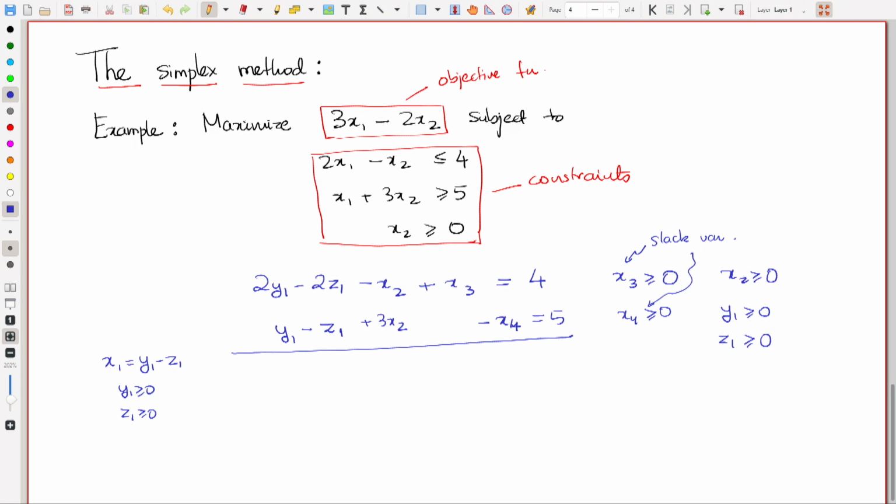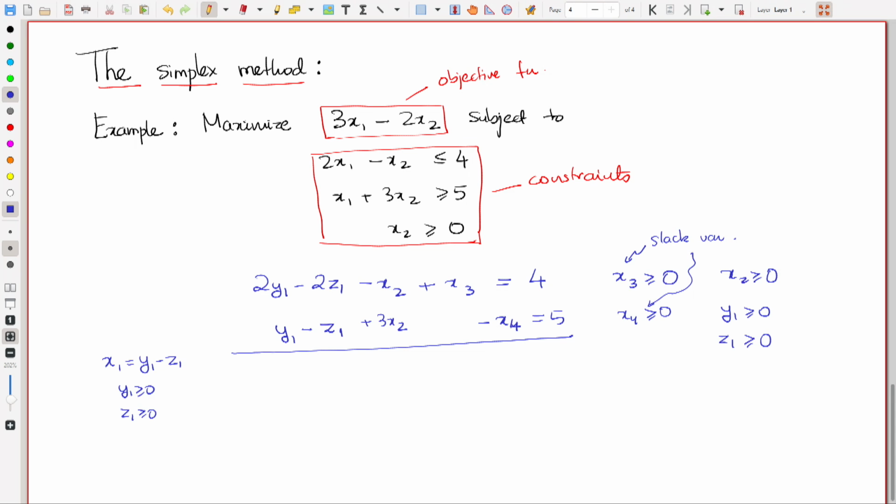Okay, so what I am doing is I am reducing this problem to a problem in a standard form, and when we do the simplex method, you will see that we require the problem to be in a standard form. In the standard form, it is called the equational form, you are only allowed linear equalities and all the variables are greater than or equal to 0.